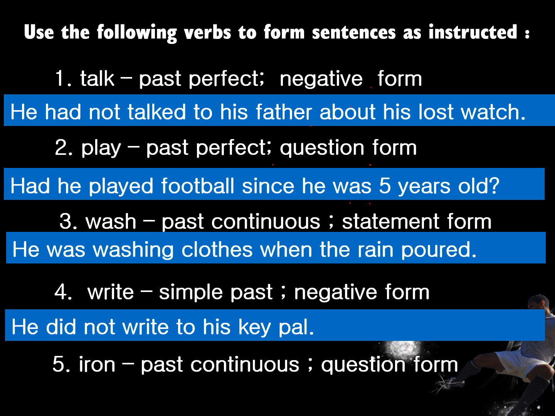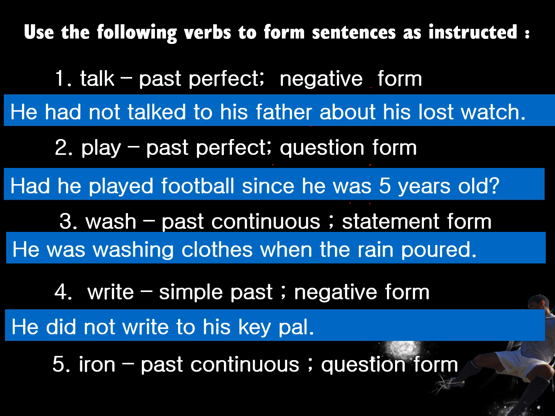Let's move on to the last one. This time, the action word or the verb is iron. We will use it in past continuous, same as number 3, but this time it's a question form. Don't forget the past continuous must have was or were plus the verb in its ing form.